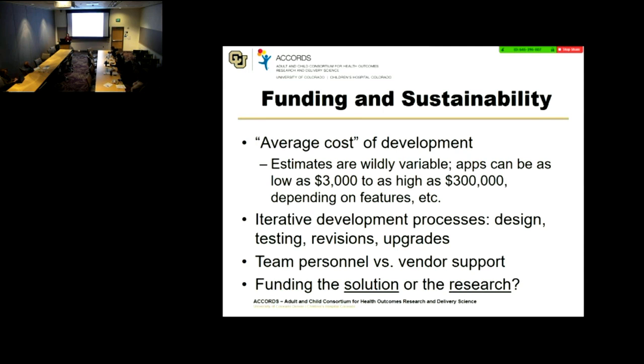The good news for everybody who looks really panicked right now is that the $300,000 is much, much rarer than things on this end of the line. You can get something done, especially at early stages, for under six figures, but the more complicated the solution that you want to build and develop, the more expensive it gets. So you need to take that into account when you're thinking about funding and the scope of the work that you want to do.